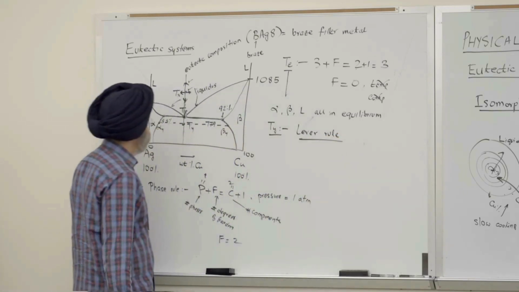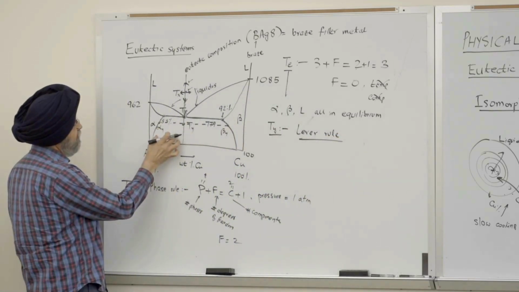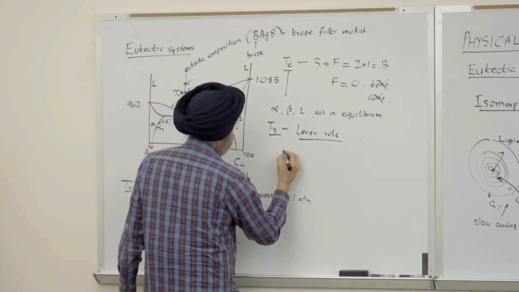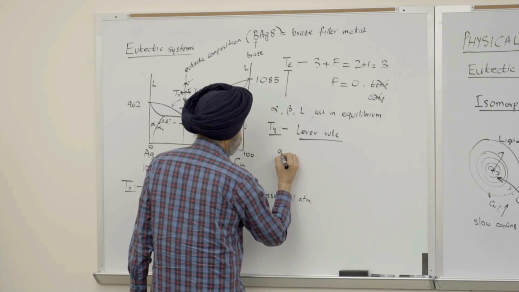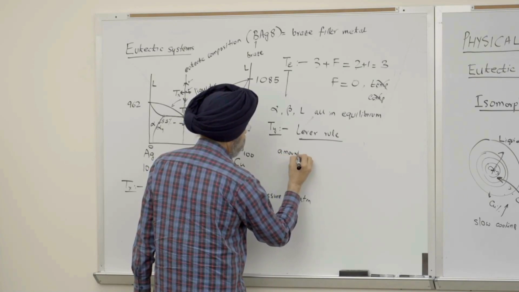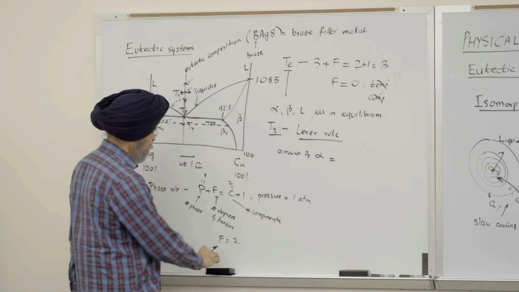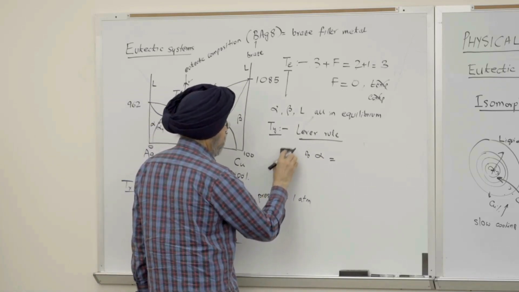What the lever rule says is, let's find out how much alpha we have. So alpha is silver rich. The fraction of alpha, a fraction is better.